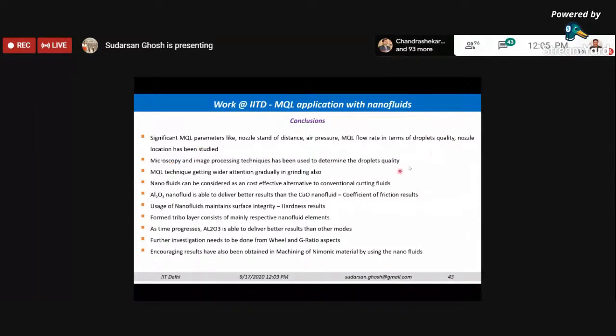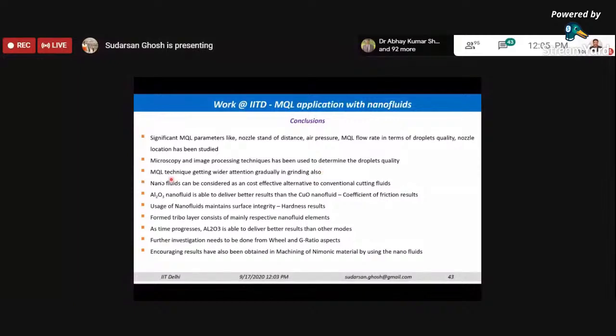The droplet quality we could measure using microscopic and image processing techniques. The MQL technique was initially adopted for machining processes, but now this MQL technique is also very effective for the grinding process also. This is one thing which we have been able to establish.